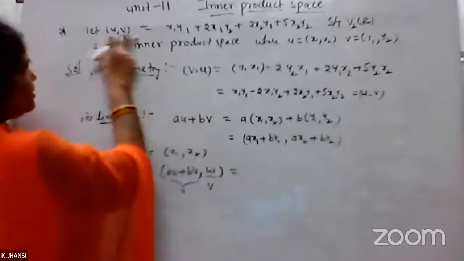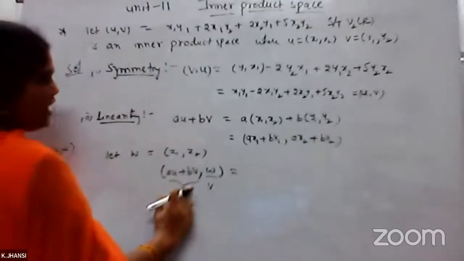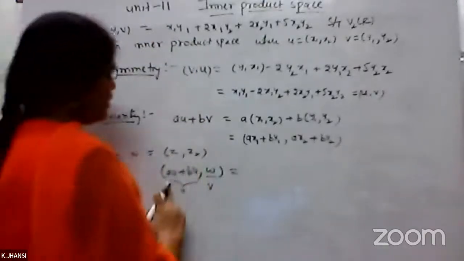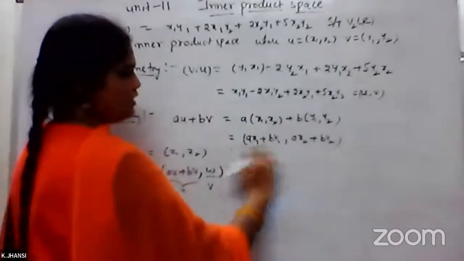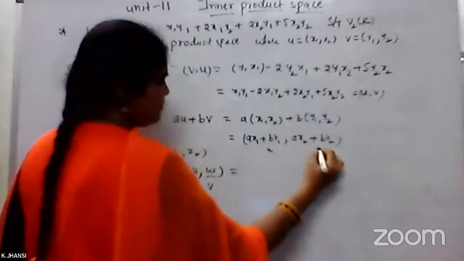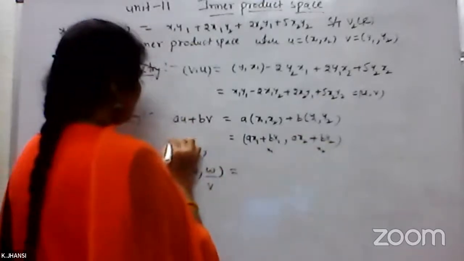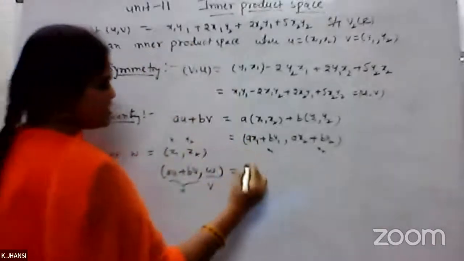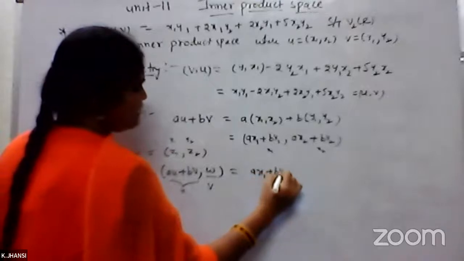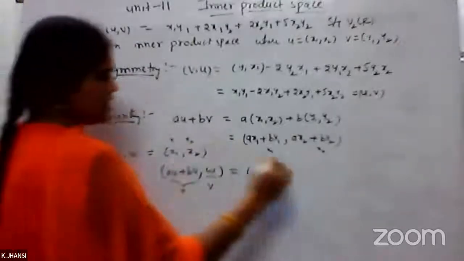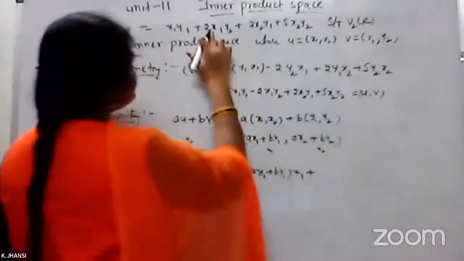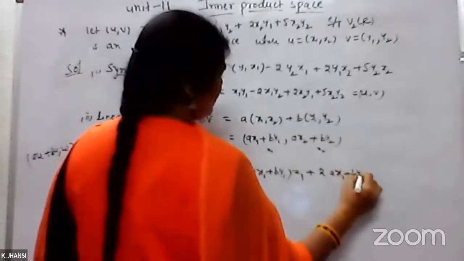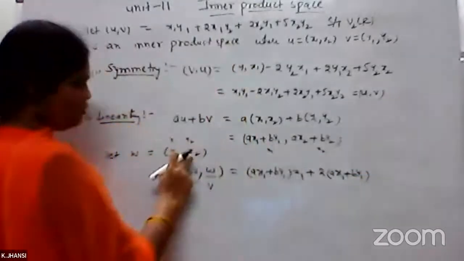Now you put that in this one, that is u comma v. So u value is this one and v value is w, that is z1, z2. So here au plus bv value is this one. So this is like x1, x2 and this is y1, y2. Now x1 into y1, so our x1 is a x1 plus b y1 into y1, which is z1, plus 2 into x1, which is a x1 plus b y1, into y2, which is z2.